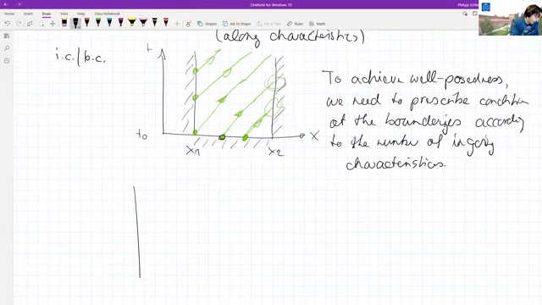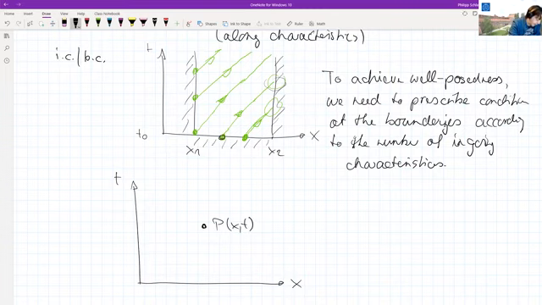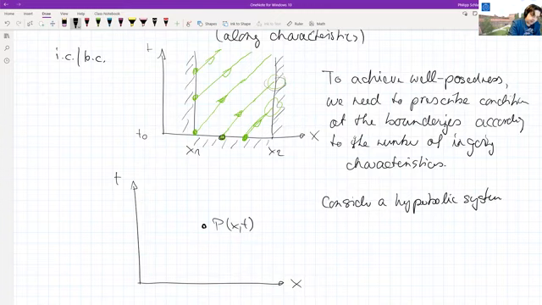And also for that, I would like to draw yet another space-time diagram, and we consider here a point P, X, and T. What we look at here is now a hyperbolic system with 2 characteristics per point.